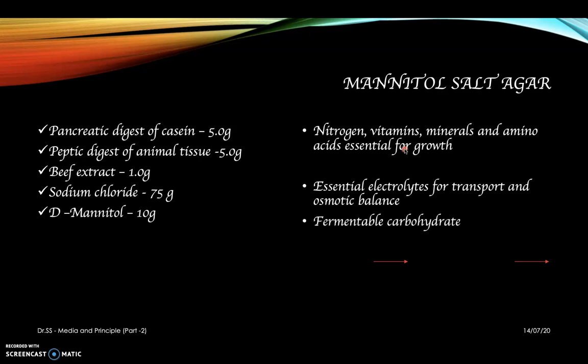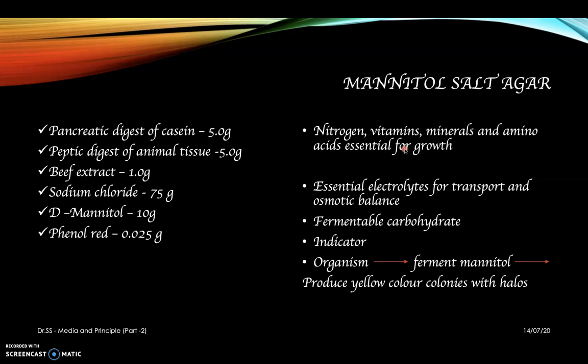D-mannitol is a fermentable carbohydrate, with phenol red indicator, and organisms which ferment the mannitol produce yellow color colonies with halos. Halos means that around the organism there is also a halo zone which forms the yellow color, formed by organisms able to ferment the mannitol. Agar, and pH is 7.4 plus or minus 0.2 at 25 degrees Celsius.